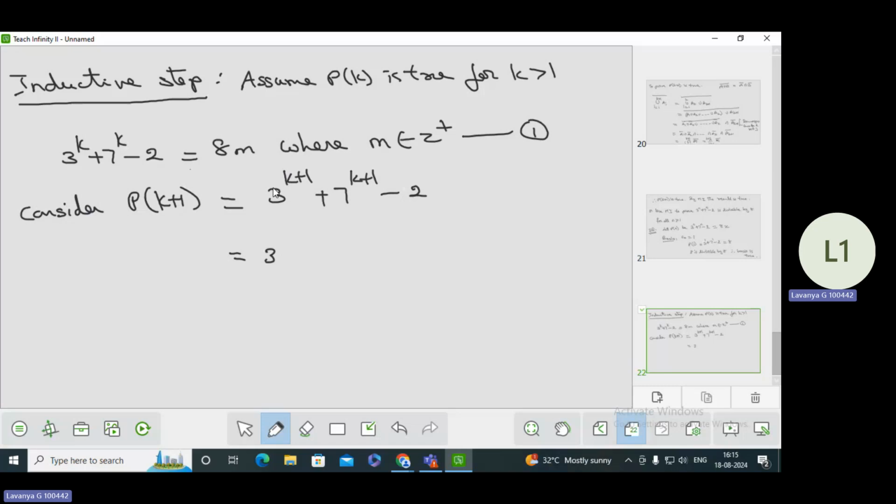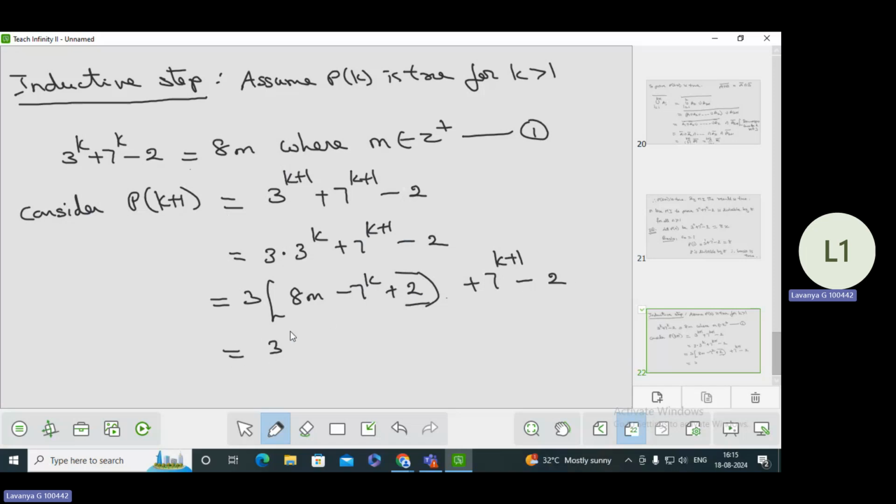I will rewrite 3 power k plus 1 as 3 into 3 power k, plus 7 power k plus 1 minus 2. So this would be 3 into, from equation 1, 8m minus 7 power k plus 2, plus 7 power k plus 1 minus 2.